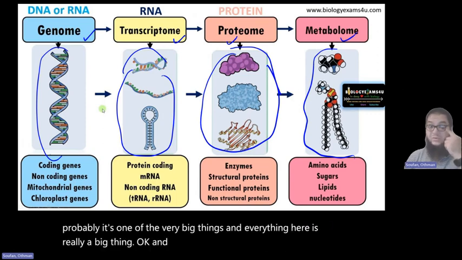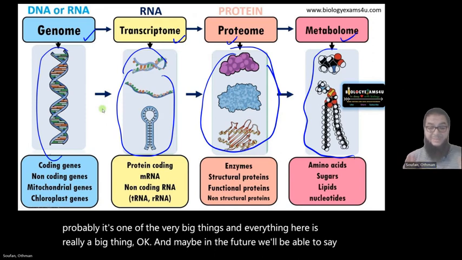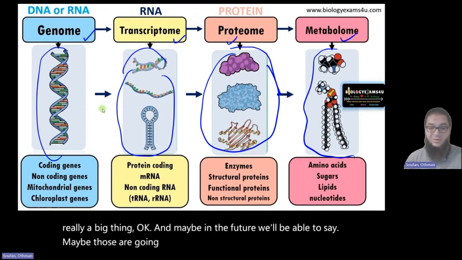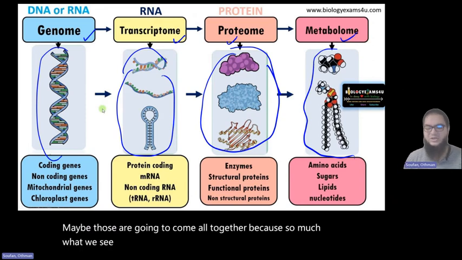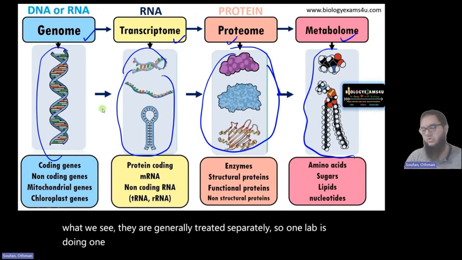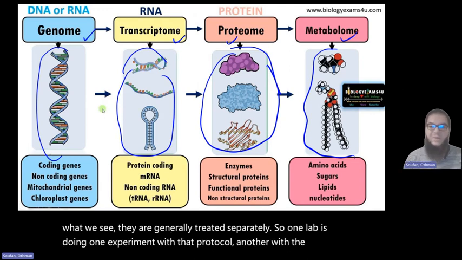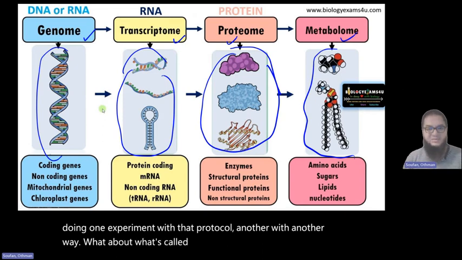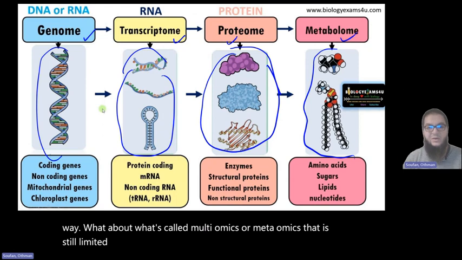And maybe in the future we'll be able to say that those are going to come all together, because so much of what we see is generally treated separately. One lab is doing one experiment with that protocol, another with another way. What about what's called multi-omics or meta-omics? That is still limited given the universe of accessible experiments for each.